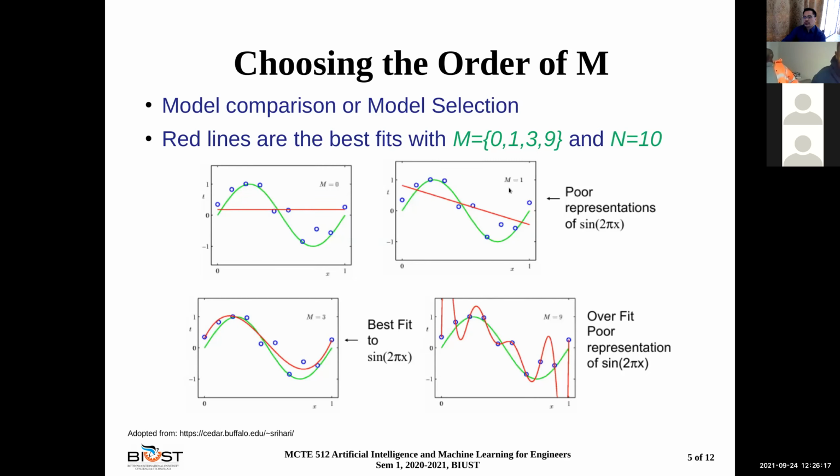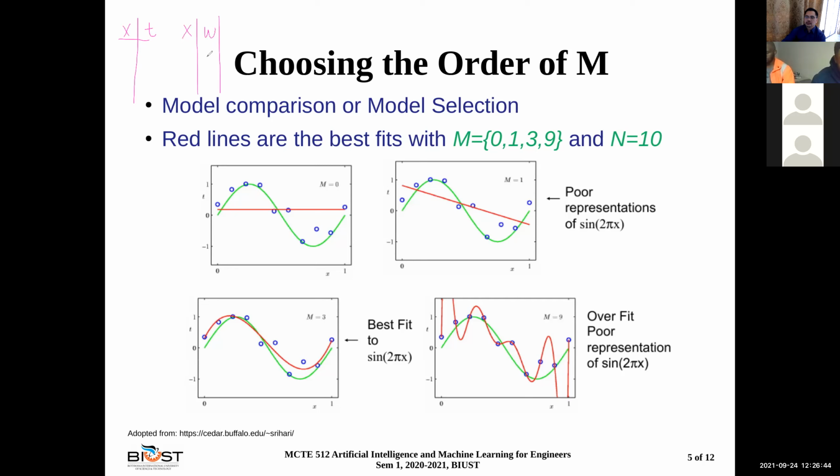Just to recap, we have data points. We have input data of X and a measured target value of T. What we want to do is estimate the data points given the X value and weights.